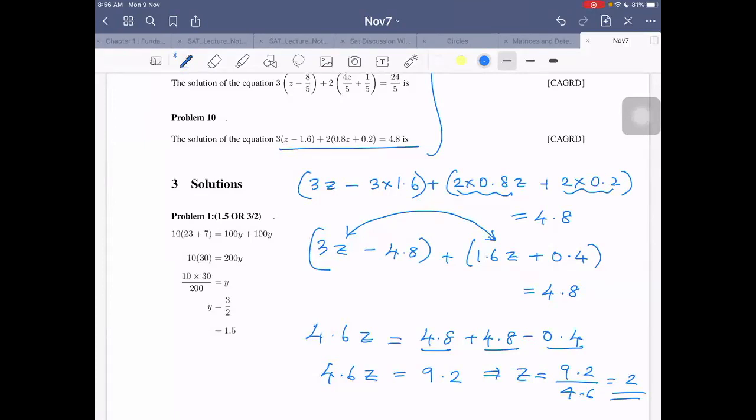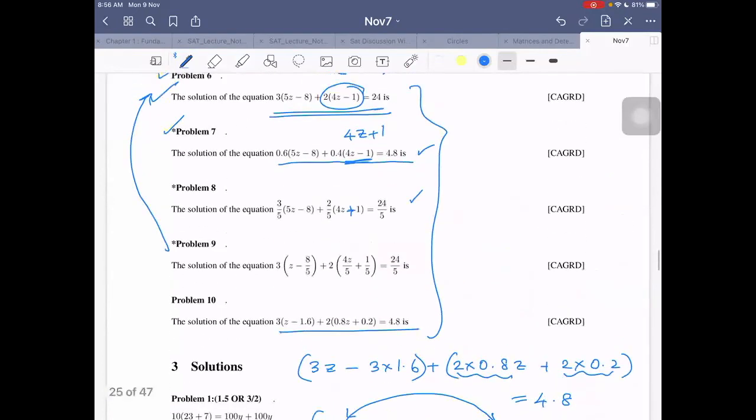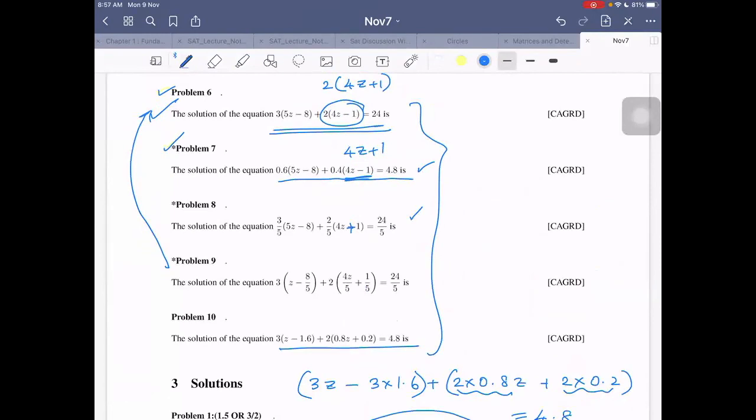It's cool, right? And do you realize that all these problems are the same? 6, 7, 8, 9, 10. So if you need some kind of revision or recap, you just go through all these 5 problems once again, because the same question is framed in 5 different forms. Some of them involve fractions, some involve decimals, some involve integers.